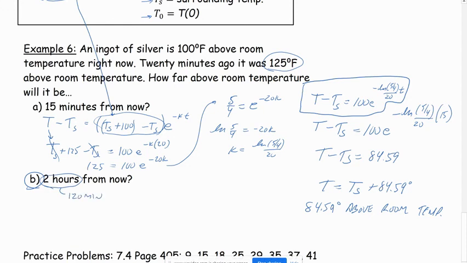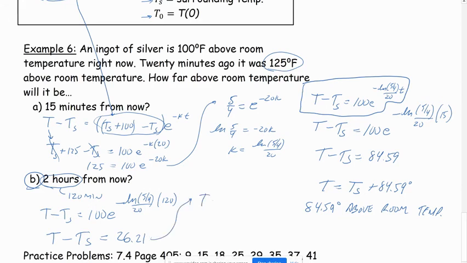And so now we can do T minus Ts equals 100 e to the negative natural log of 5/4 over 20 times 120. And so then we get T minus Ts equals 26.21.